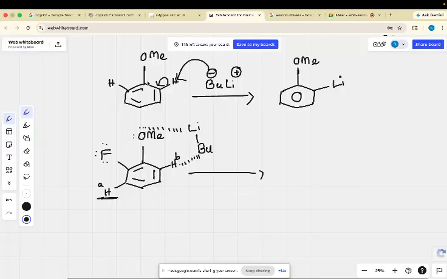Here you have no competition, that's why you can abstract any proton. But when you have competition, don't think that this is more electronegative, so the proton will be abstracted from here. You first have to check the chelation property, which can chelate better. Fluorine also has lone pairs, but fluorine does not chelate because it is more electronegative and cannot donate electrons so easily compared with oxygen.